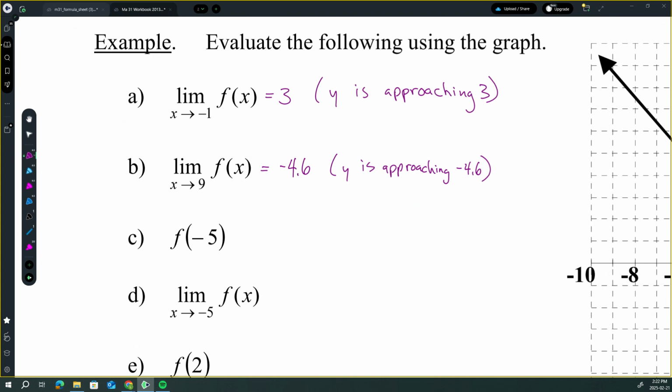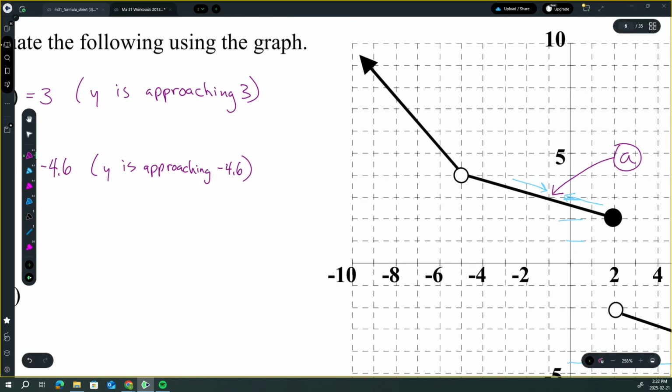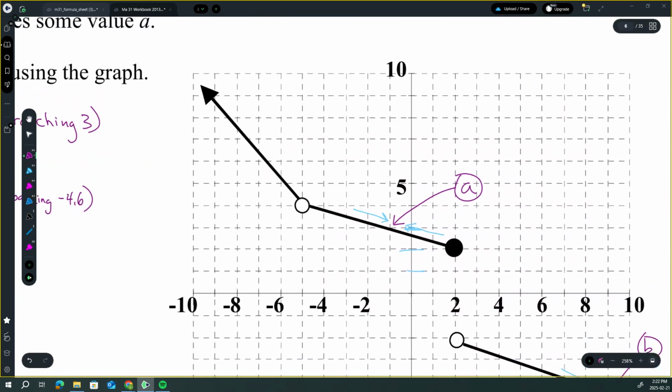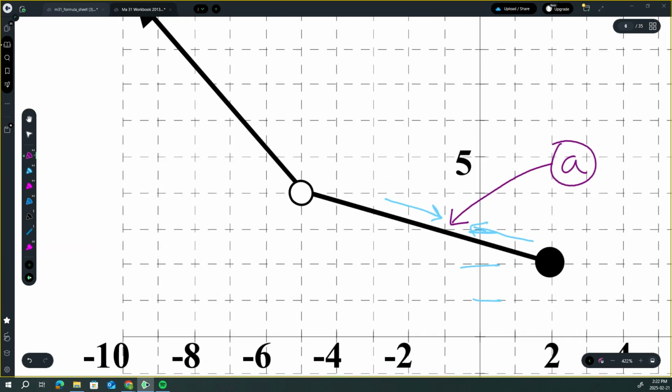c is just saying, what is f of -5? So what is our y value when x is equal to -5? Let's take a look at that. That's going to be right here. We can see that there's a hole in the graph there. So right at x equals -5, the graph does not exist.